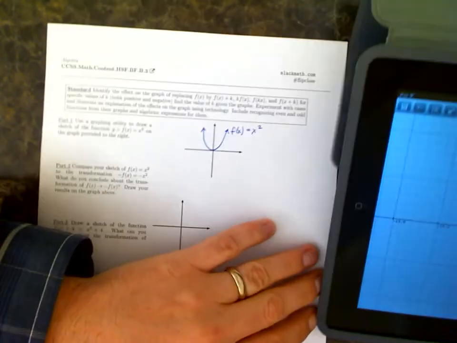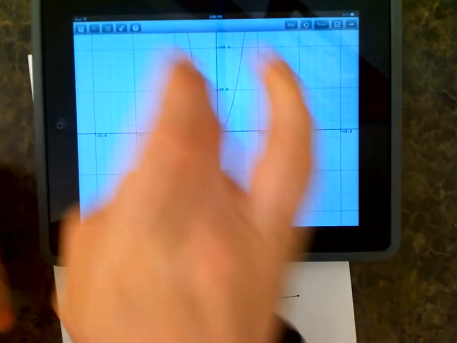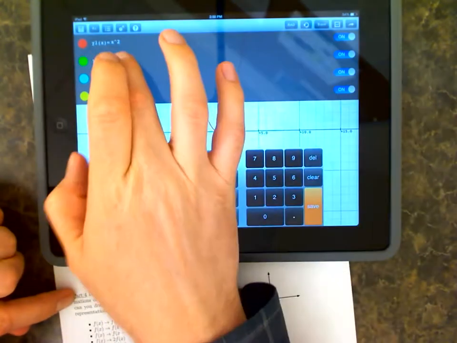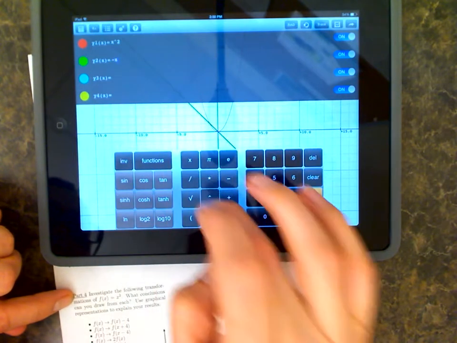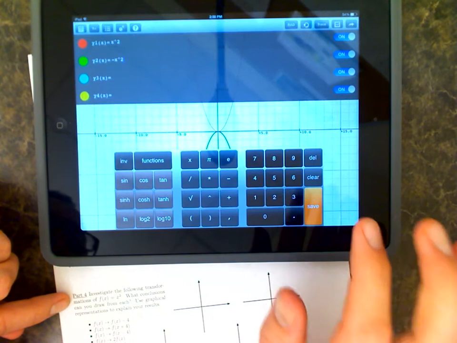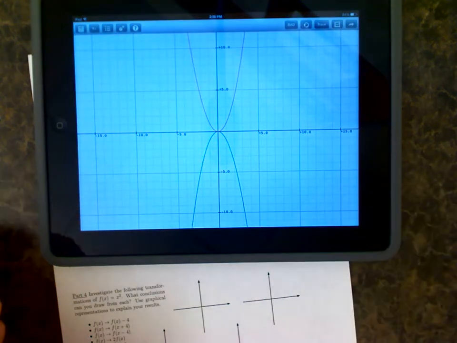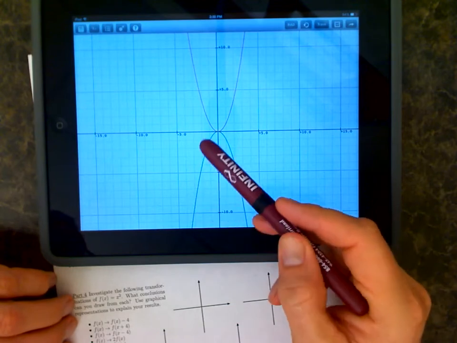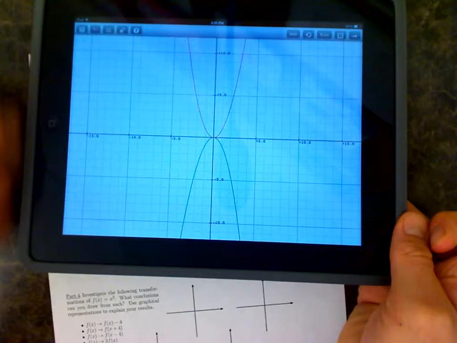So I'm going to bring the graphing utility back and take a look at y equals negative x squared. I'm going to keep the first function in there and take a look at what happens with negative x squared. As you can see, it points downwards. Basically, it reflects over the x-axis.